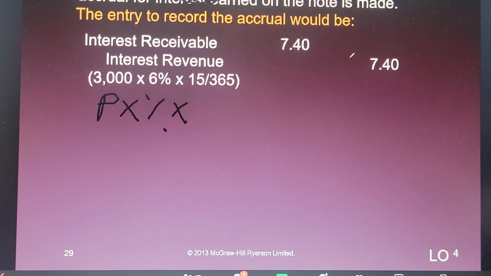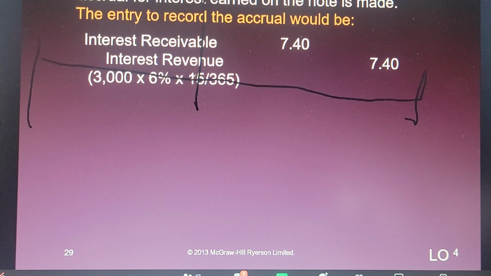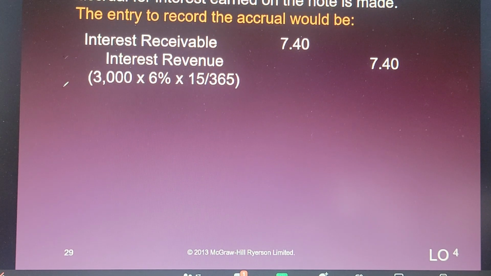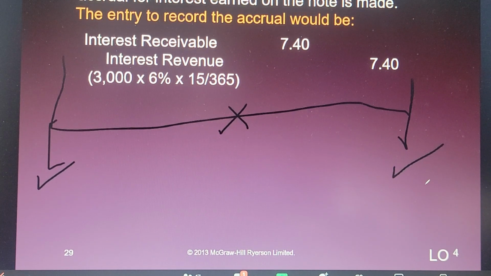This you do whenever the year ends in the middle of the note. This happens at the year end. If there is no year end there, you don't do anything in here. You just issue the note and receive the money and the interest.